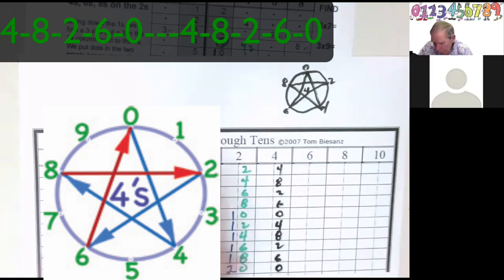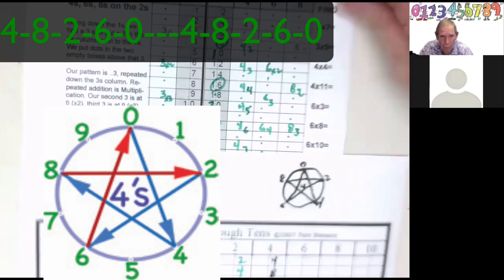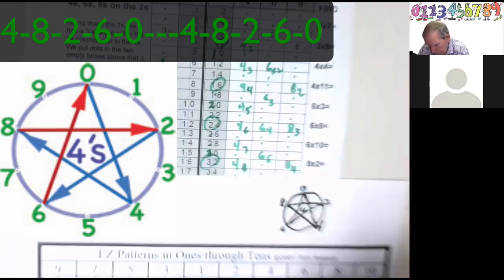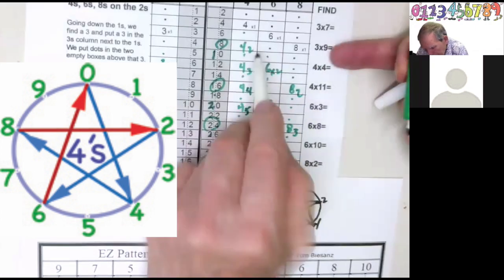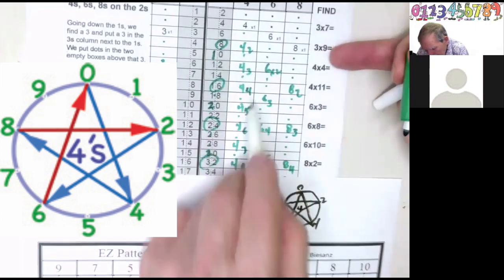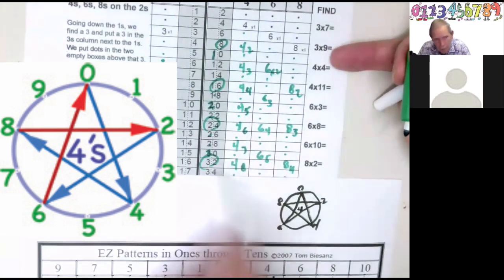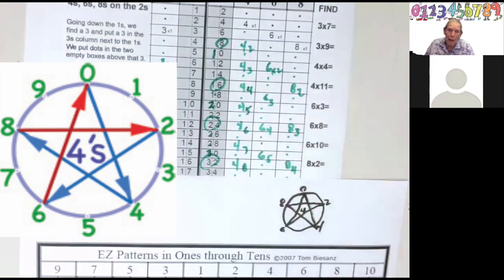Now, we can actually go down the 4s and see. It's like 4, 8, 2, 6, 0. So you see that pattern multiple ways.